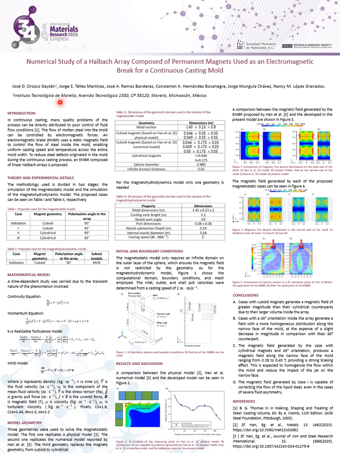This array generates an almost unilateral magnetic field, maximizing the magnetic flux density in one of the sides of the array, while it reduces it to almost zero on the opposite side.